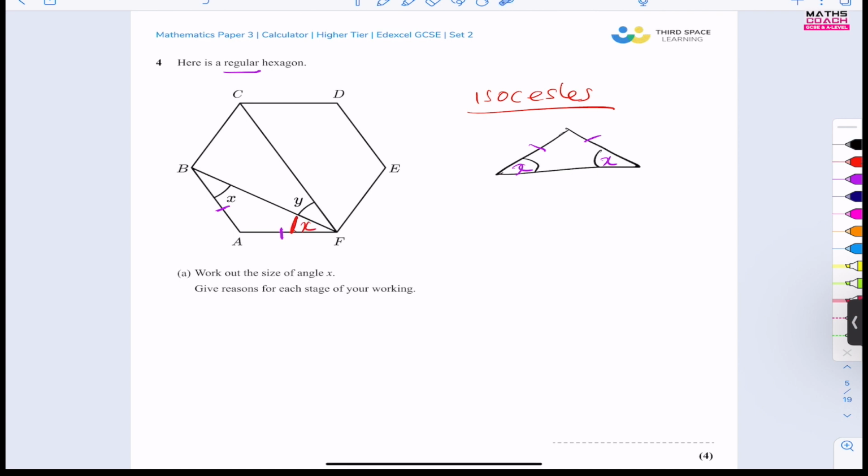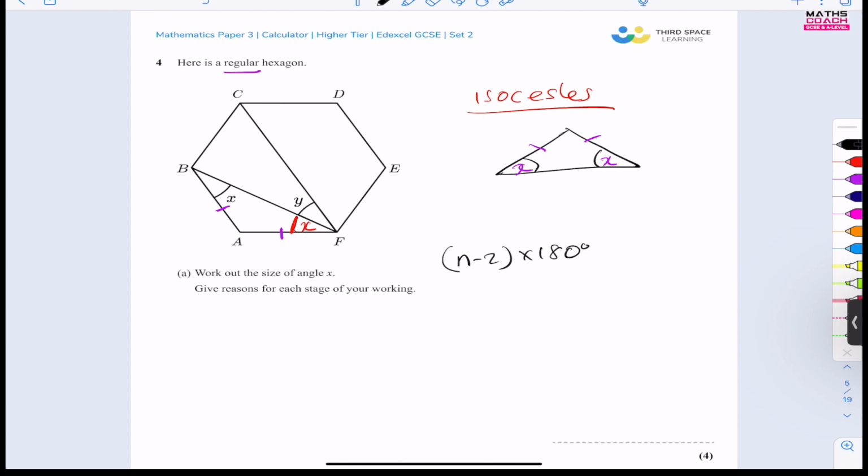Now, if we were to find what this angle is using n minus 2 times by 180, which is the sum of the interior angles of a polygon, we can then do 180, take away the angle, and then divide it by 2 to find out what x is. So let's go ahead and do that now. So n minus 2 times by 180 will tell us the sum of the interior angles. So in our case, we've got a regular hexagon.